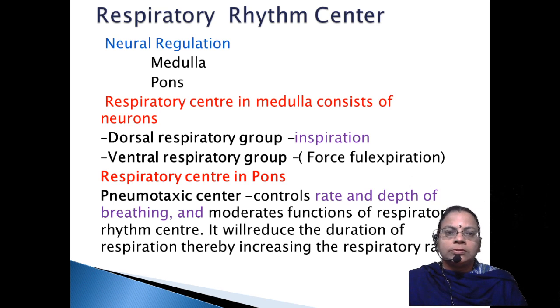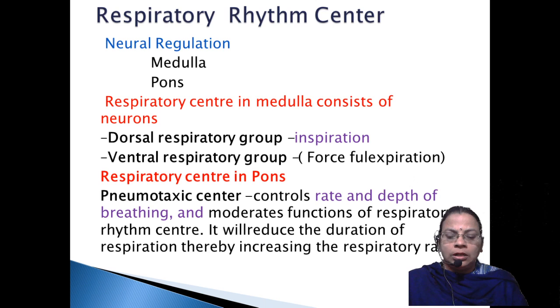Neural regulation, the neurons, collection of neurons or the centers, they are present in two regions. One is in the medulla, that is in the brain stem itself, and the second one in the pons. The medulla center is called the respiratory rhythm center, and in the pons, the center is called the pneumotaxic center.